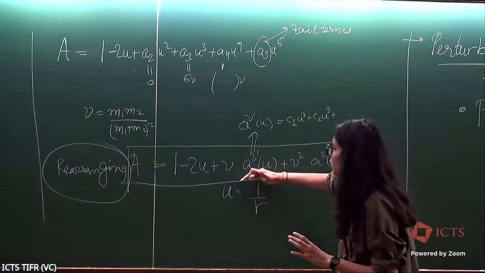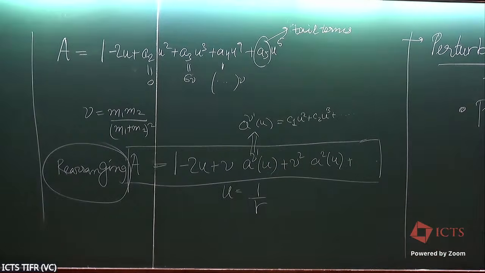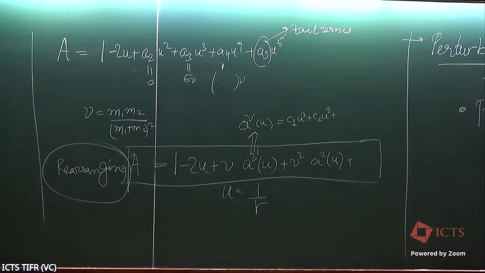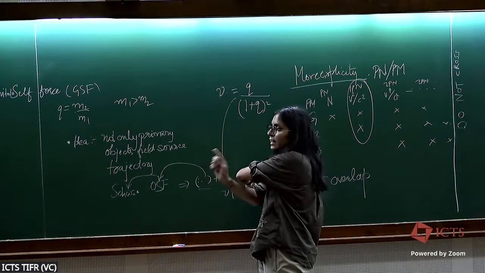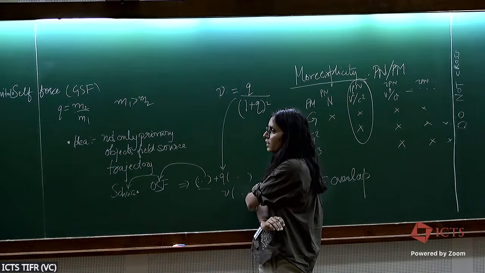It's an expansion in nu. Yes, there will be. And I say that if from 1 SF, I know the u to the power 6 contribution, I should be able to inform at least the new linear u6 contribution in EOB. That's what the idea is.